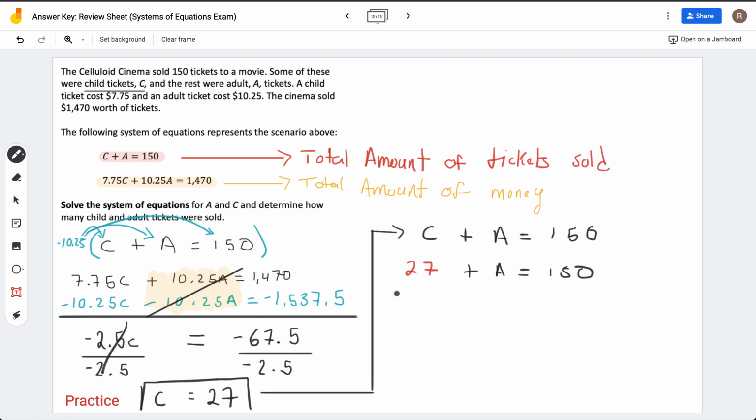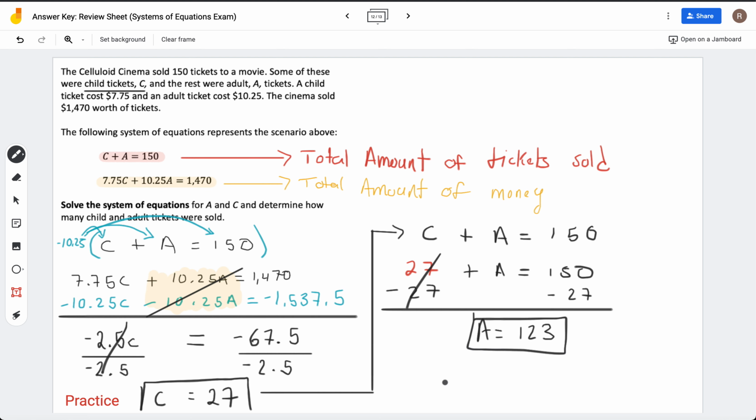Now, solving for A, to get A by itself, we subtract 27 from both sides. 27 minus 27 cancels out, and we subtract 27 from 150. So A is equal to 123. Ideally, you're going to plug this back in to check if your answers are correct.